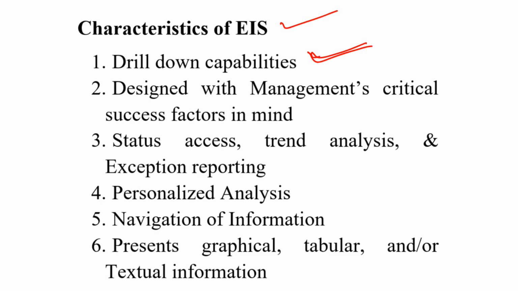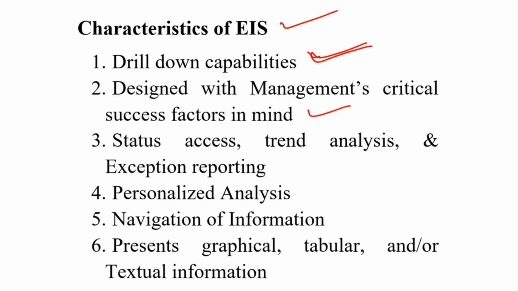Next will be design with management's critical success factors in mind. This system is designed by keeping in mind the management's critical success factors. Every organization has certain critical factors that are important for achieving the organization's goals. These factors will be different for different industries, and might also be different at different organizational levels.